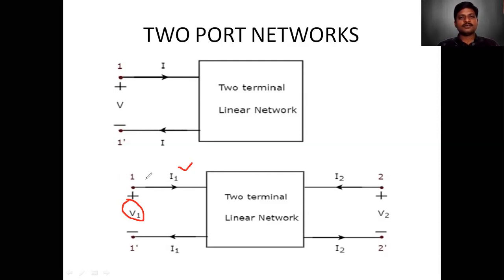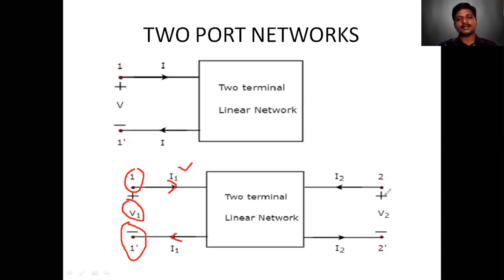Similarly, we have given names to each terminal. The positive terminal is termed 1 and the negative terminal is termed 1 dash. Let us say current I1 is entering the network through one terminal, and it is leaving the network at the 1 dash terminal.